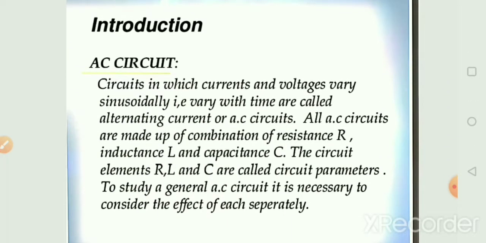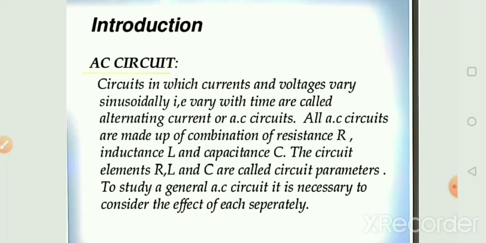What is an AC circuit? We know that in the circuit the currents and voltages vary sinusoidally with respect to time. If the current varies sinusoidally with respect to time, it is an alternating current.